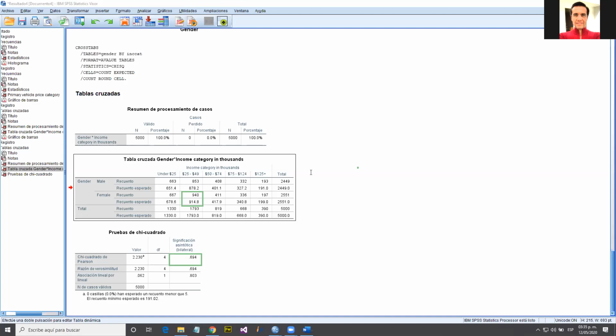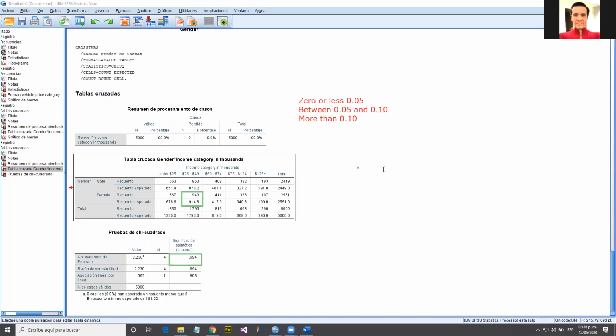This significance has three possible values. So we have three possible values, three possible options.